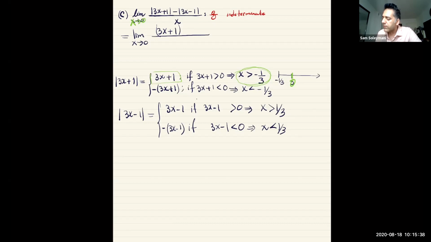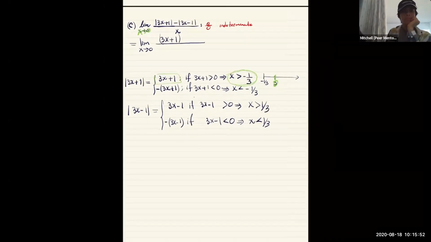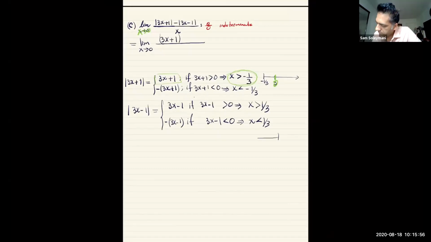Is it greater than 1/3 or less than 1/3? Less than 1/3, right? Yeah, so this is the less than 1/3.